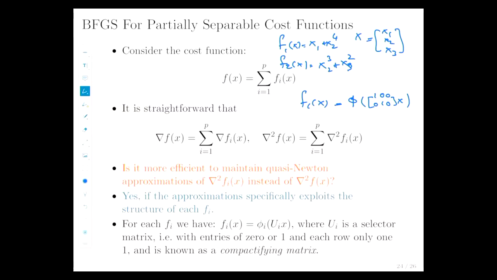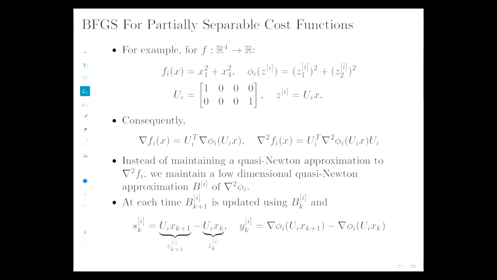It only depends on x1 and x2. So I pick those 2 elements alone. We call it a compactifying matrix in this context, but in general they are called selection matrices. We select the appropriate elements of x.